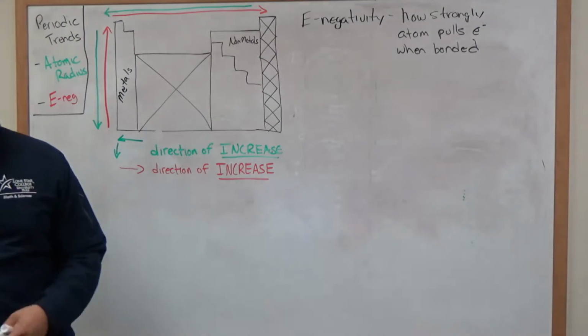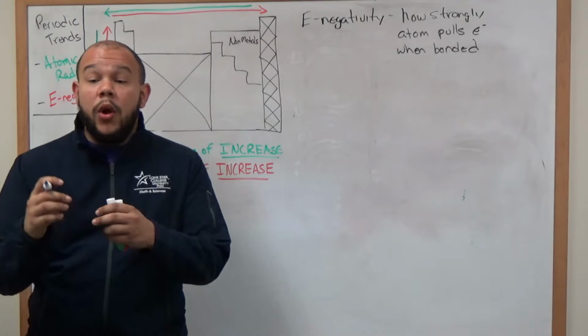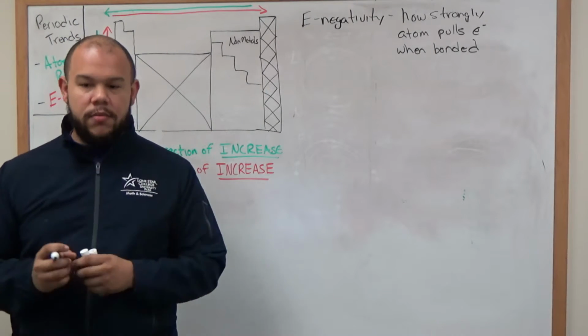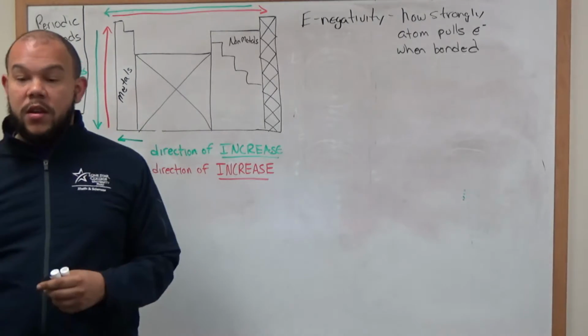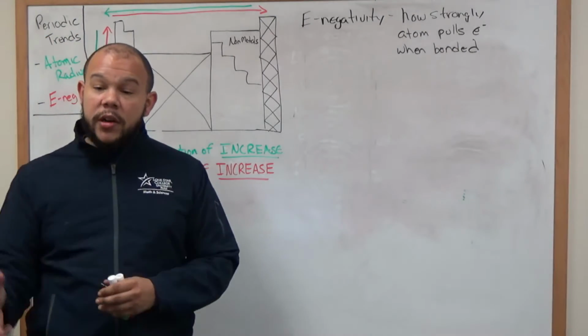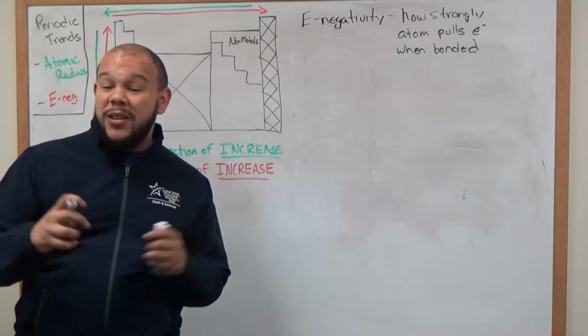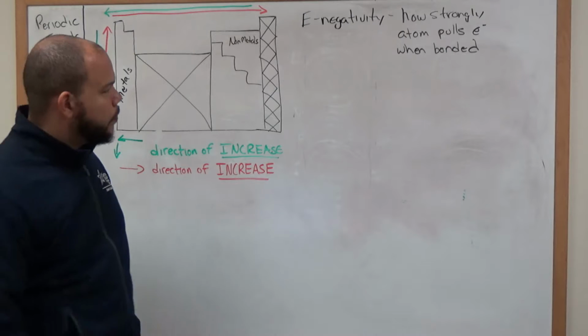Very, very simply put, if 2 atoms are bonded to each other, electronegativity will tell us which one is hogging the electron, right? Which one is holding on to most of the electron density. And we've talked about this in the context a little bit of shape and polarity, and there will be a subsequent video that talks about that. But electronegativity is what gives rise to polarity.